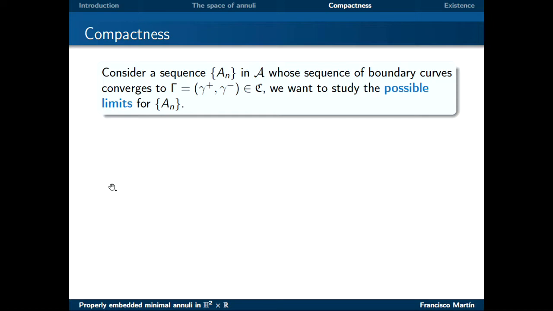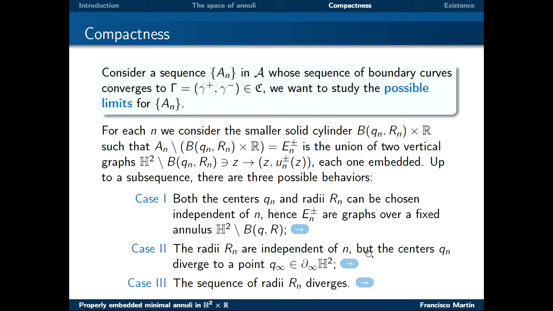What happens in case 2? Well, in this case, the family of radii is independent, so you have a cylinder of a fixed radius, but the center of the cylinder, the axis of the cylinder, moves to the ideal boundary.